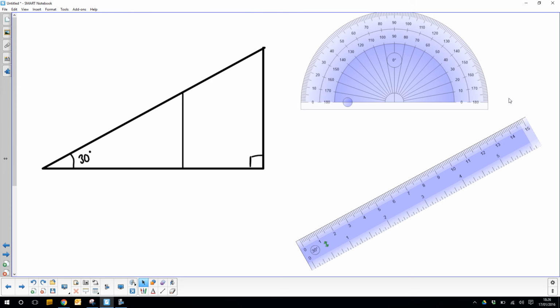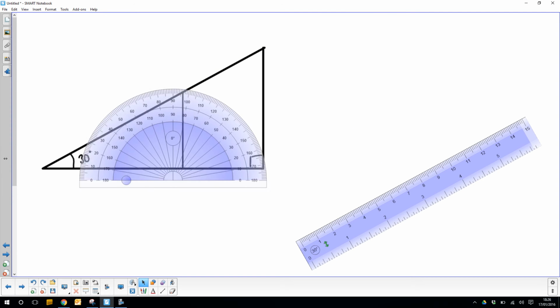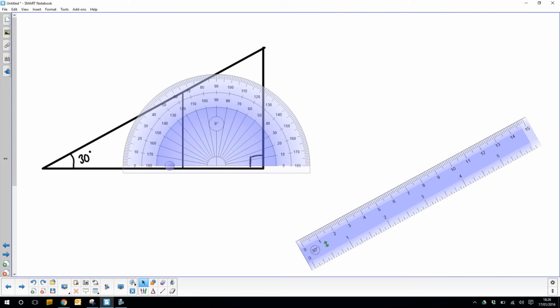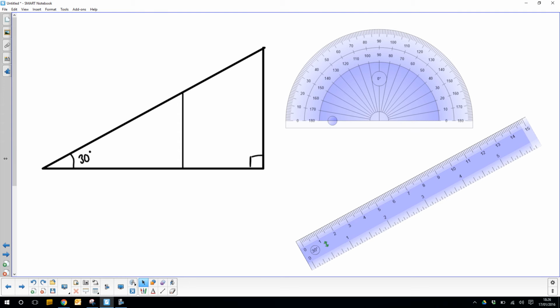What I have now is I've just changed to a same right angled triangle. I've made it a bit bigger, and I've got here a protractor and a ruler. And the first thing I'm going to do is I'm just going to prove to you that what we have is a 30-degree angle in our right angled triangle. And you can see that the line for the hypotenuse is going off at 30 degrees. And actually that means we also know what the angle is at the top of the triangle, but we may talk about that a bit later.